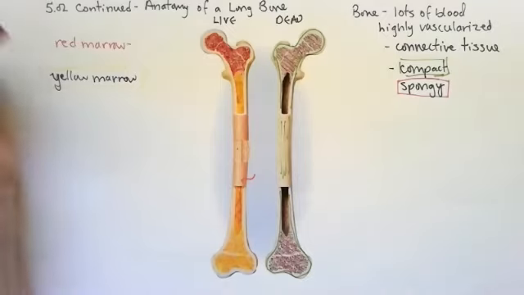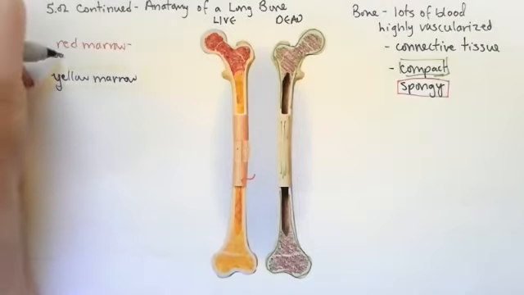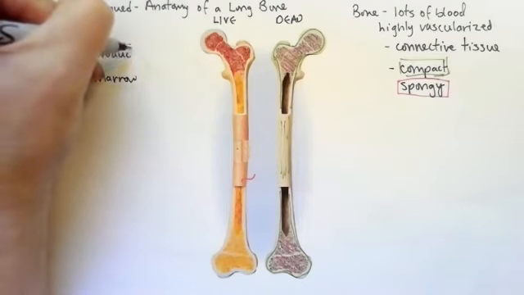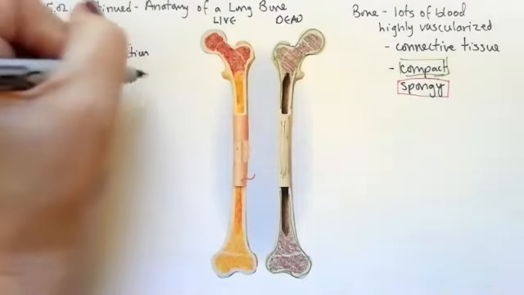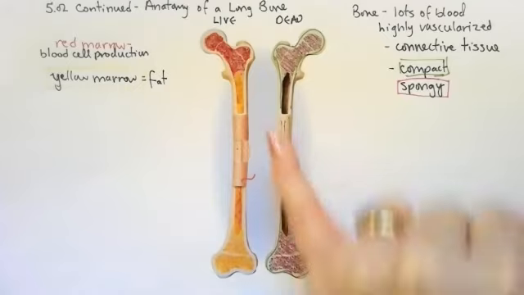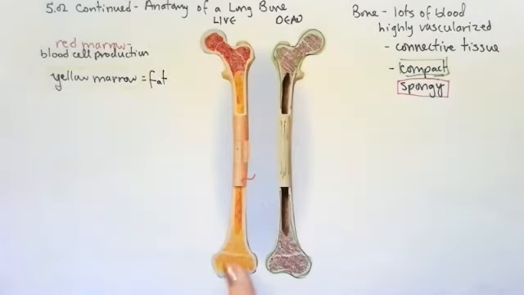Red marrow, we're doing blood cell production. Yellow marrow is fat. This is part of your fat stores. And people who suffer from malnutrition have issues with their bones. They lose their yellow marrow. Their body will take this out and use it in addition to your adipose.